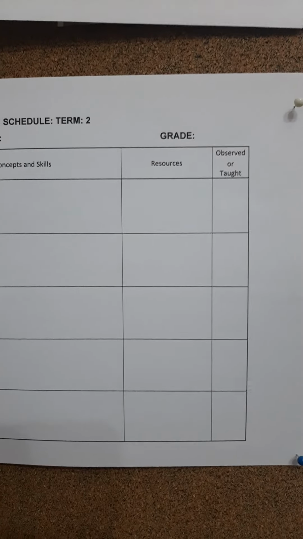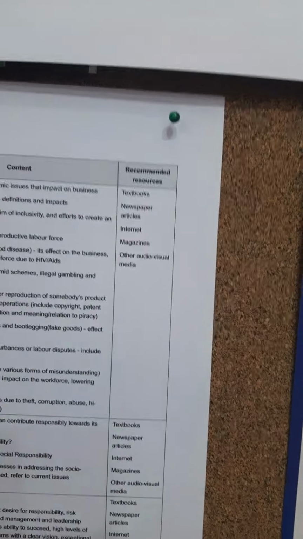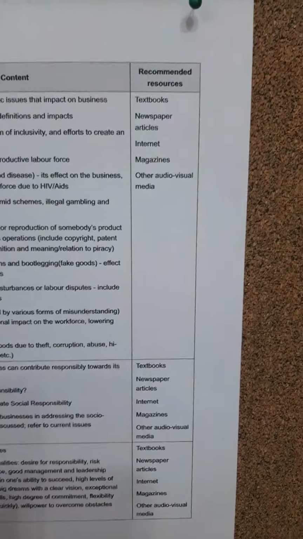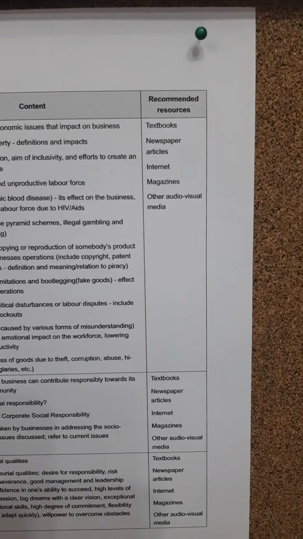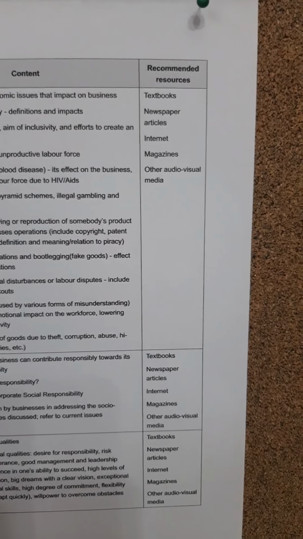Then in the next column on your work schedule, you have resources. Now, in the CAPS document, you will find there's a column on the end which says recommended resources. You can use those resources that are recommended in the CAPS document, or you can develop your own resources as well.